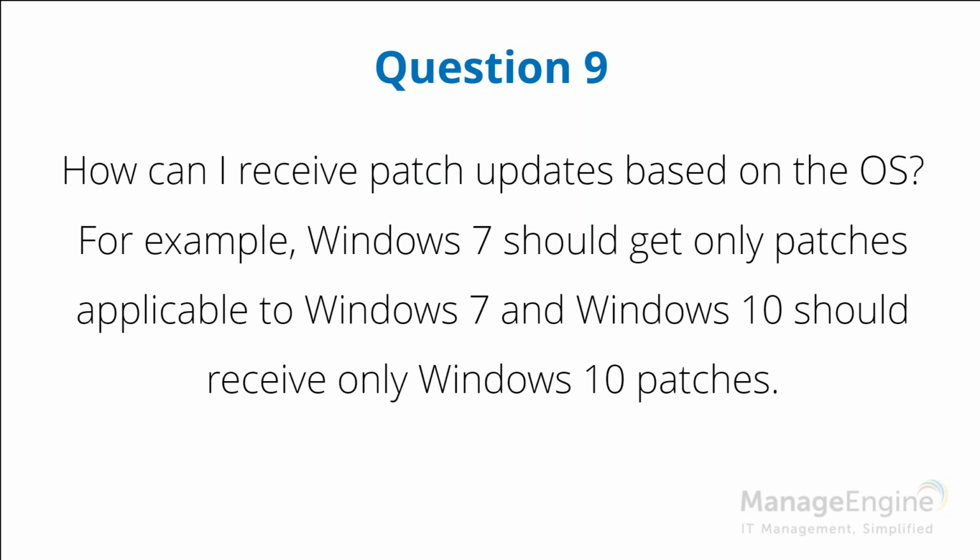Moving to the next question, how can I receive patch updates based on the OS? For example, Windows 7 should get only patches applicable to Windows 7, and Windows 10 should receive only Windows 10 patches. This will be handled by Desktop Central and the server itself.